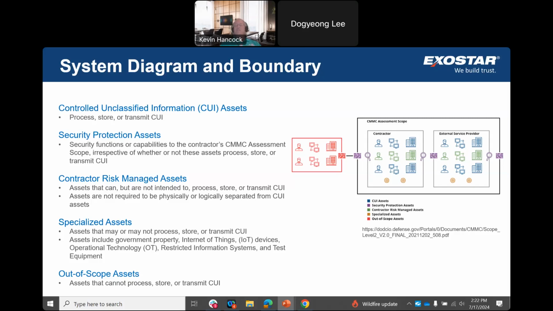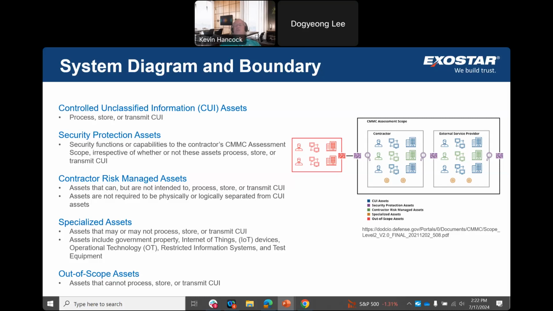So that data flow diagram and the system diagram are important because this is going to define the scope of the system. Because when that certified third party comes to do the assessment, they're going to ask you for your SSP, your system security plan.